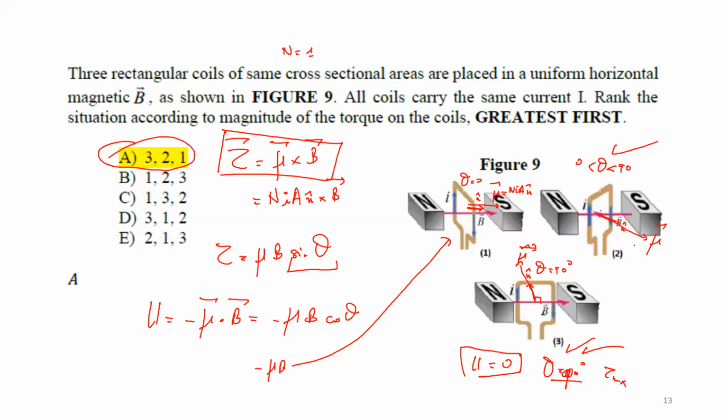And here you will have basically something in the middle. So it will be 3, that's 0, then this one, 2, then 1.